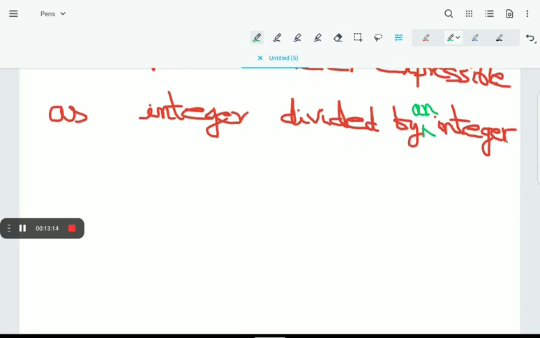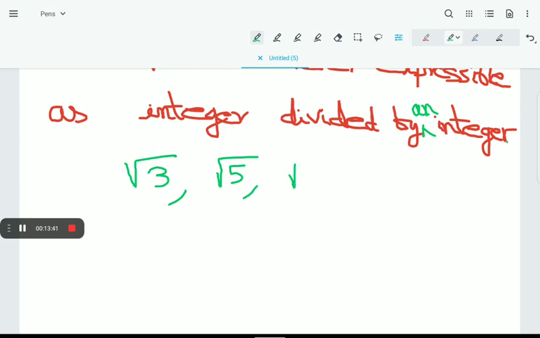Alright, so we have actually produced an irrational number. What are irrational numbers? Those numbers that cannot be expressed in the form integer divided by an integer. Now, root 2 is not the only irrational number. There are other irrational numbers like square root 3, square root 5.